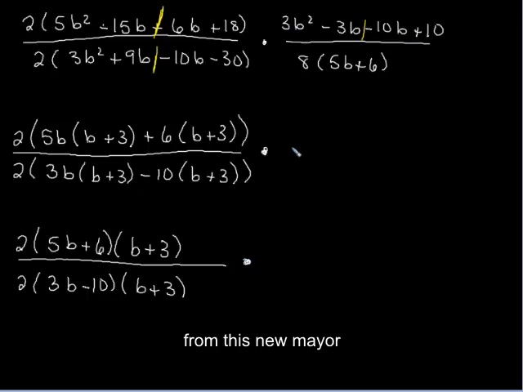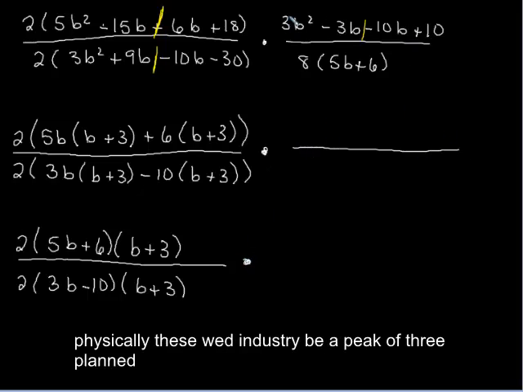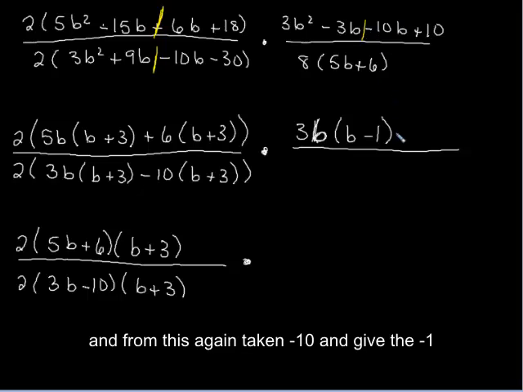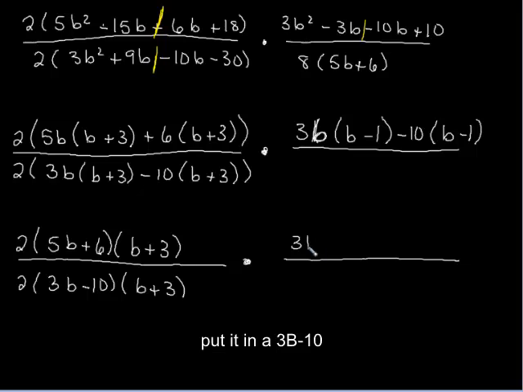From this numerator, this 3b squared and this 3b, I can take a 3 from, and a b, and I'm left with b minus 1. And from this, I can take a negative 10 and get a b minus 1, which will give me 3b minus 10 and b minus 1.